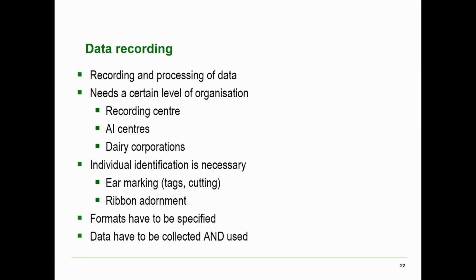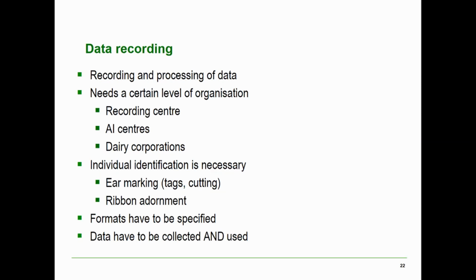Now, another crucial point for the recording is that all the animals need to be identified with a unique identifier, which is also a challenge because we are not talking about a herd level, with 5, 10, 50, 100 animals, but about the level of the population on multiple farms, maybe in multiple regions, on a whole country level.